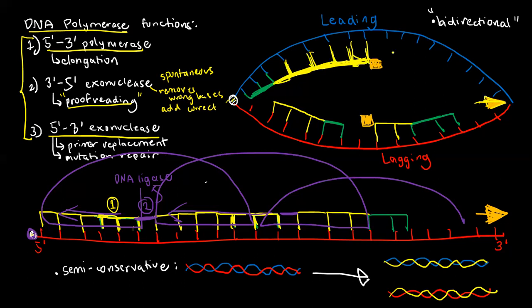The elongation here is continuous because it just goes on and on without interruption, without Okazaki fragments. And so the continuous strand is sometimes called the leading strand because it's the faster one. There's no interruption. So theoretically speaking, all of the elongation going on here would be done faster than the other strand.